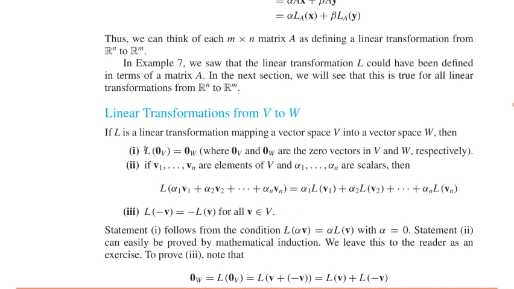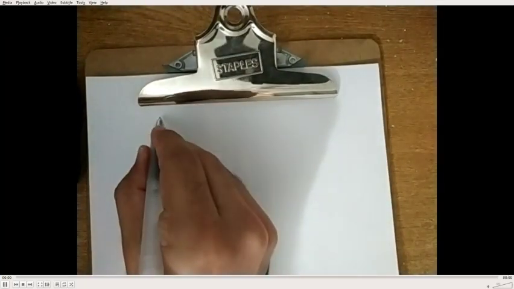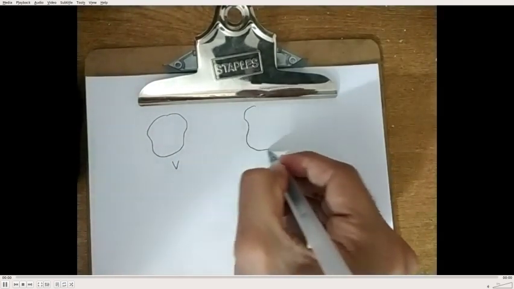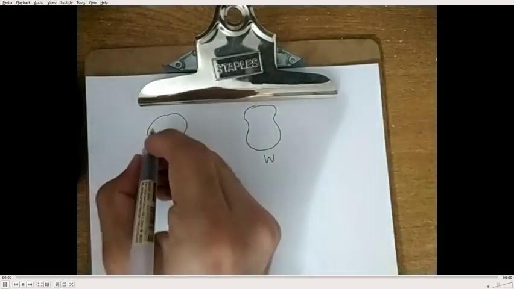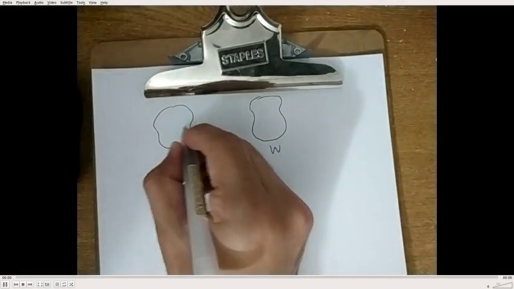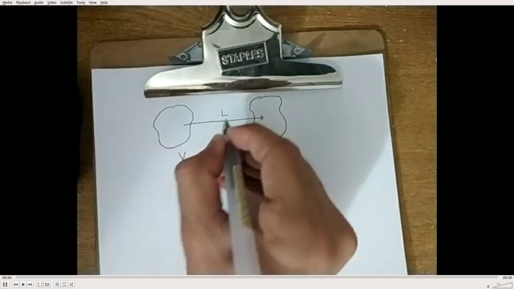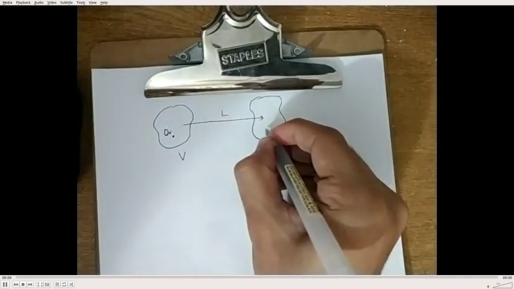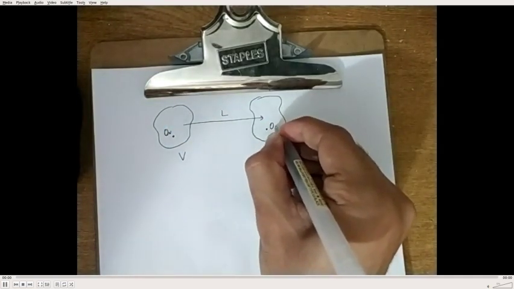The first property is that the zero vector in your input space should be mapped onto the zero vector in your output vector space. Let's suppose we had this vector space V and this vector space W. L is a linear transformation only if it takes the zero vector of the V space to the zero vector in the W space.